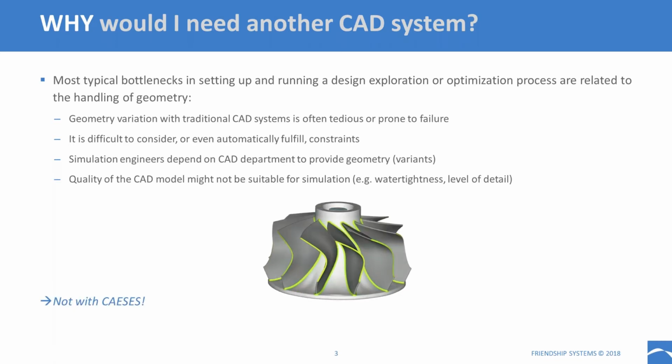And these are, let's say, typical points that we're trying to address with our specialized CAD system. So it's not a general purpose CAD system like your CATIA or Creo or something like that, but it's a very specialized system intended specifically for running optimization and design exploration processes.